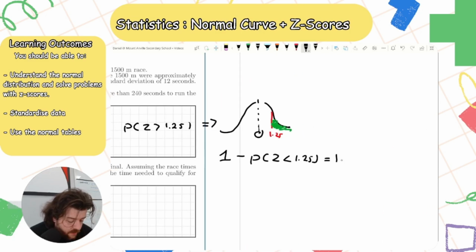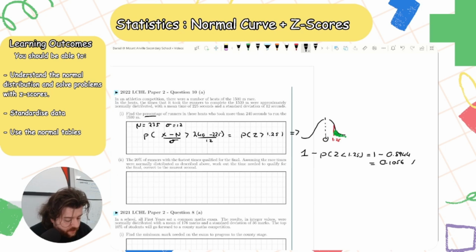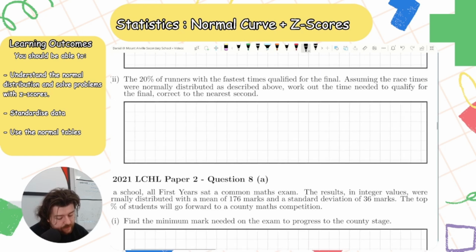We get 1 minus 0.8944, which is equal to 0.1056. But it says here find the percentage, so multiply by 100, and it's 10.56%. So 10.56% of runners will take more than 240 seconds.